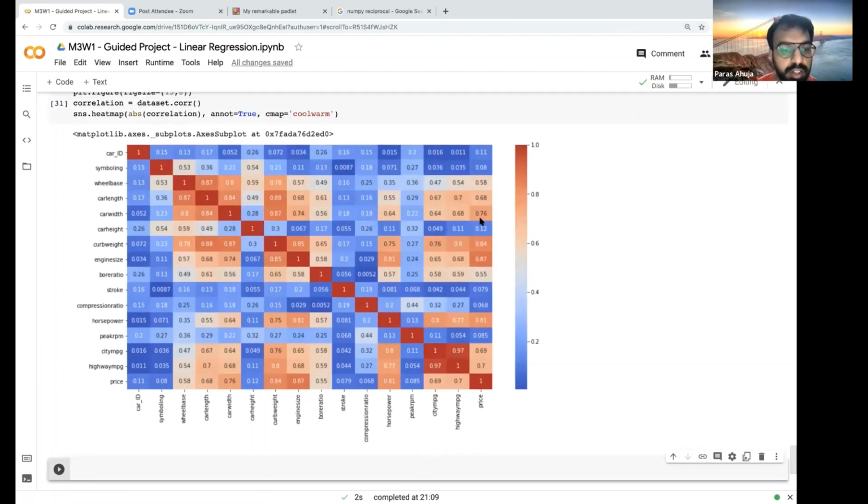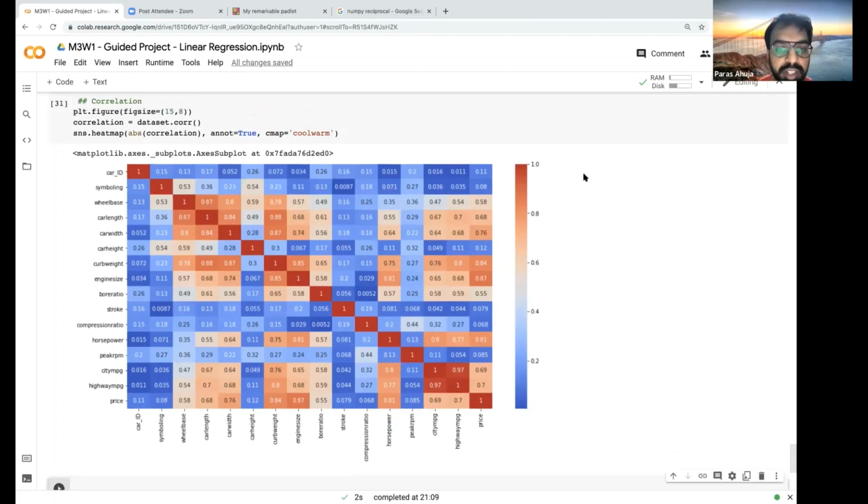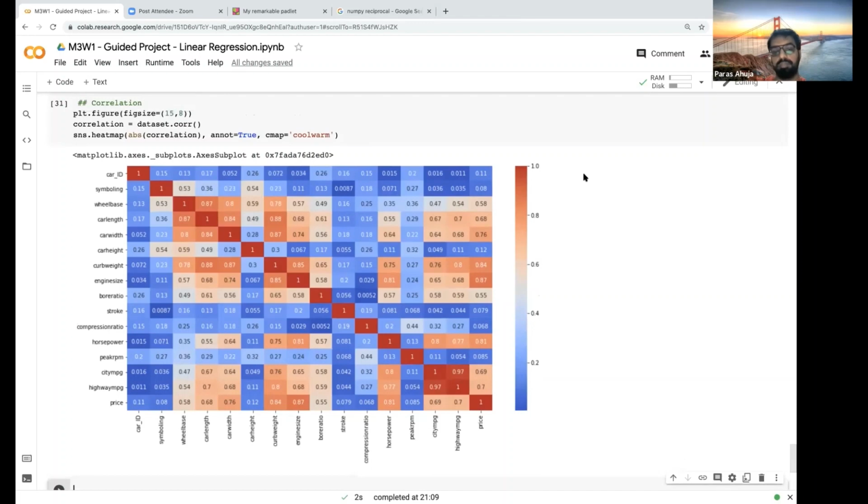So this is our correlation graph. Any observations you have after looking at this graph? You must be able to understand a couple of things from this particular graph. What are those? Correlation of what?